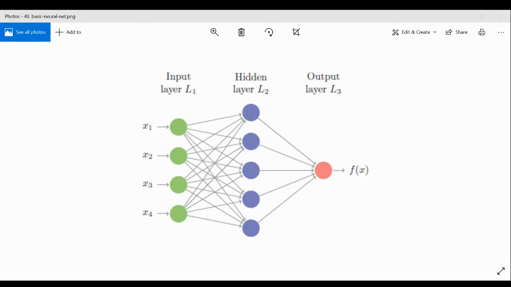At the output layer, all of those are processed, and then it generates an output. F of x here is simply a symbol trying to denote the output of the algorithm. Okay. All right, so that's what a very basic neural network looks like. You have some inputs, you have some nodes at the hidden layer, and then you have an output layer.